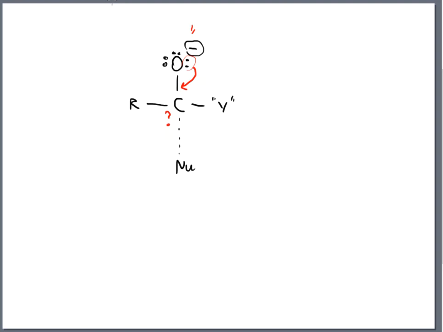And carbon has to make up his mind on which one to end it with. It tried oxygen. Oxygen wasn't happy, shoved him back. So now out of the R and the Y and the incoming nucleophile, carbon's got to make a decision on which one to cleave off.